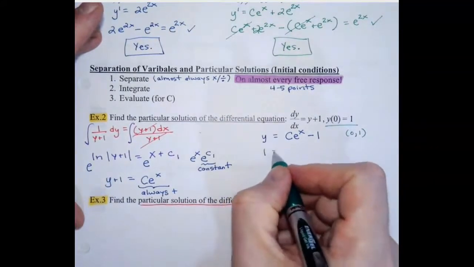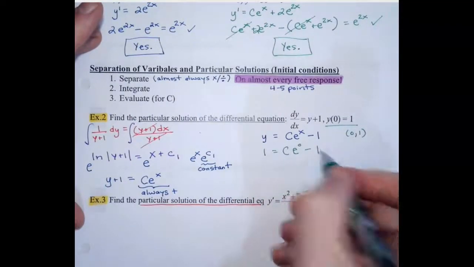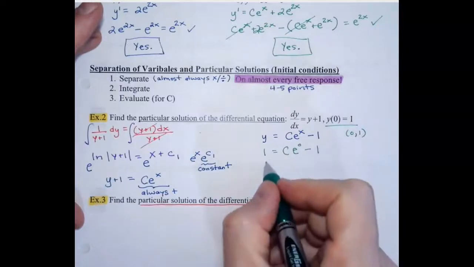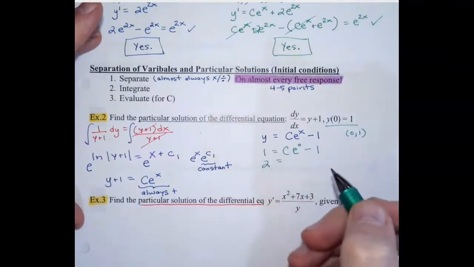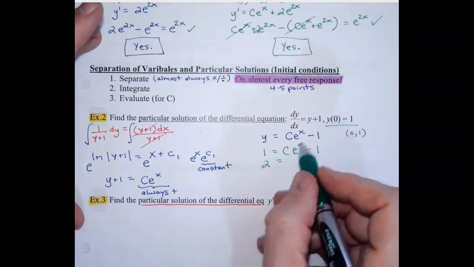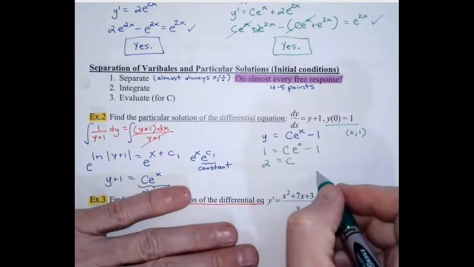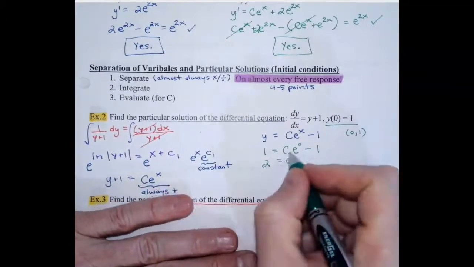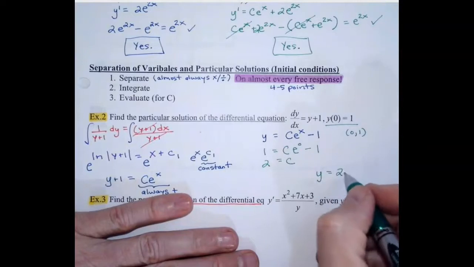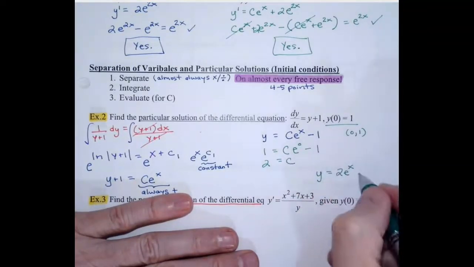So y is 1, and e to the 0 is 1, and minus 1 there. So add 1 to both sides, that's going to be 2, and here that's just 1, so c equals 2. So our final answer is going to be 2 times e to the x minus 1.